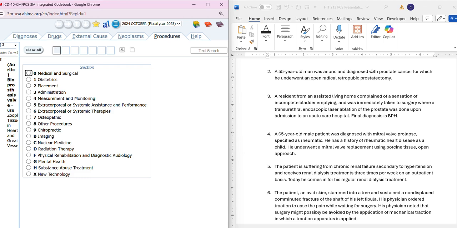A 55-year-old man diagnosed with prostate cancer, for which he underwent an open radical retropubic prostatectomy. And again, the first character is going to be medical surgical.